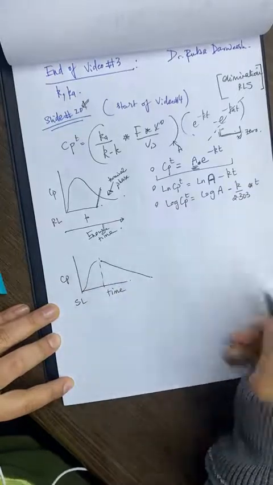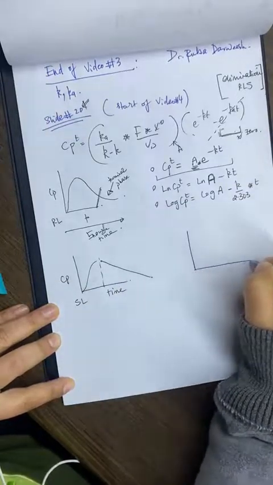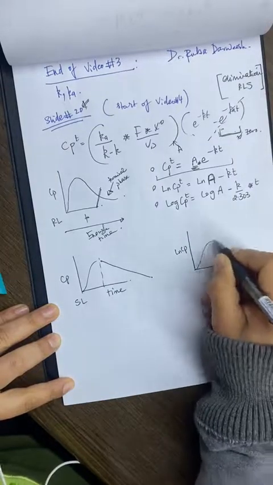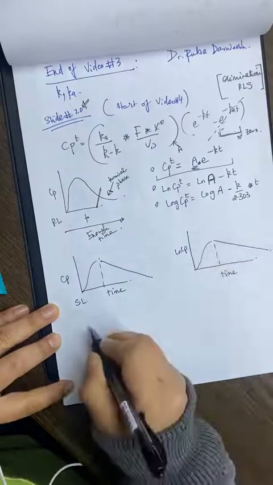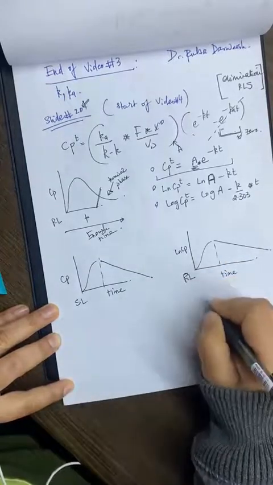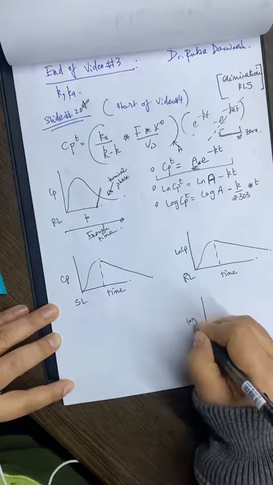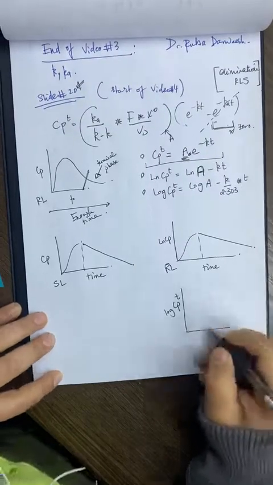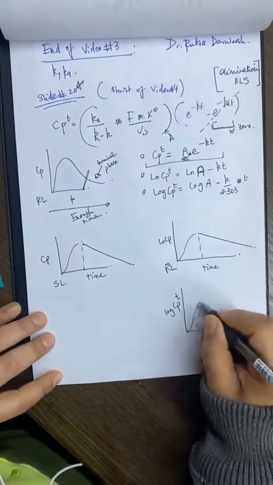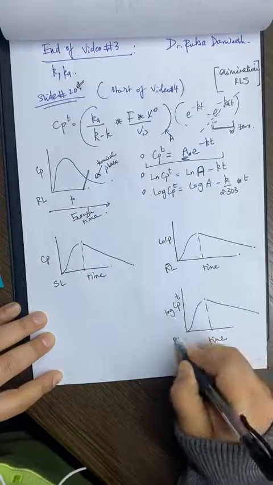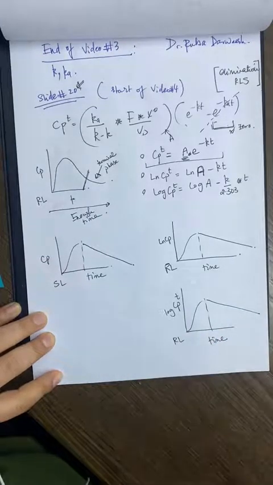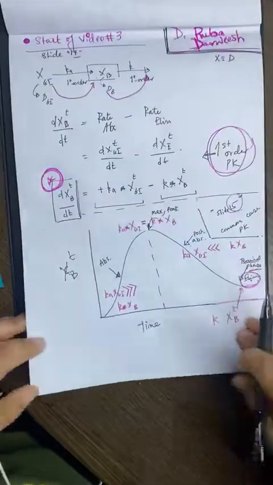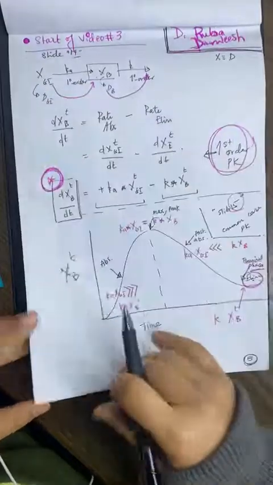If we are talking about ln CB versus time, it will be curved, and then this is rectilinear, and if you have log CB versus time, this will be curved, and this rectilinear too. This is the profile whatsoever the equation. So let's go back. This is the profile that we are talking about.